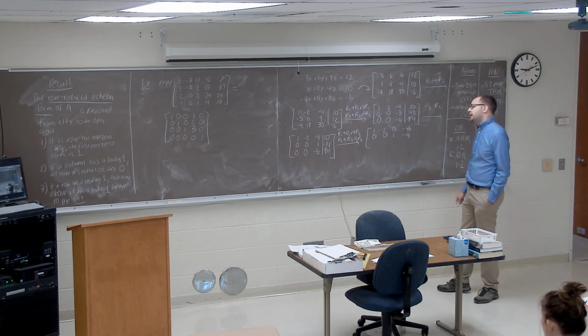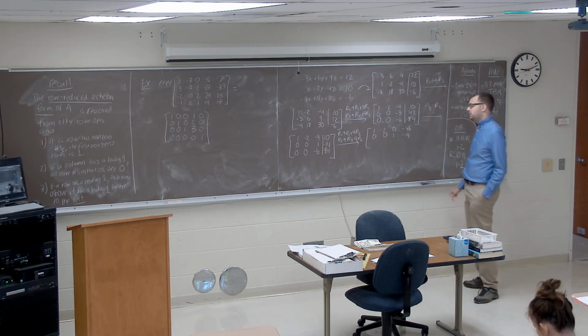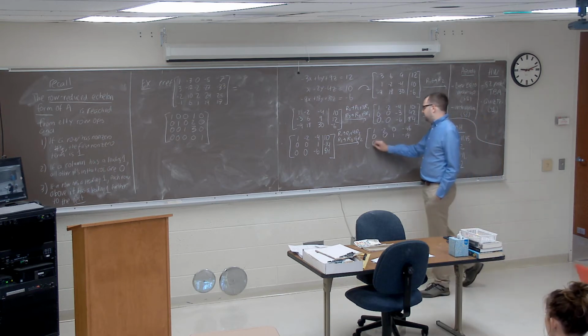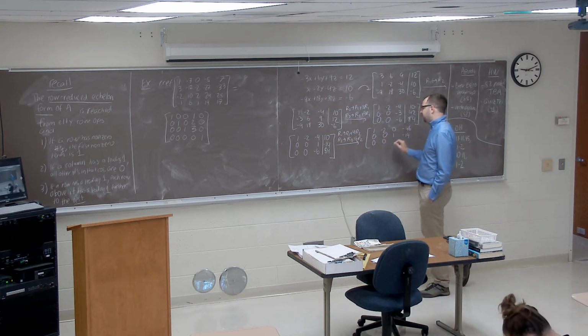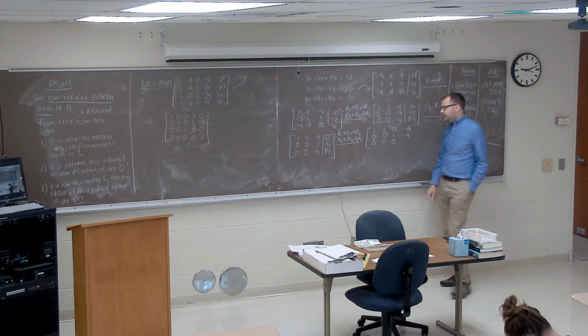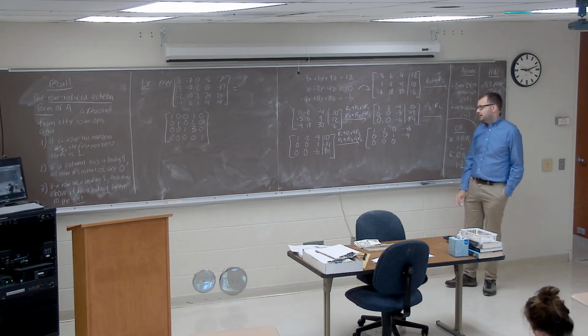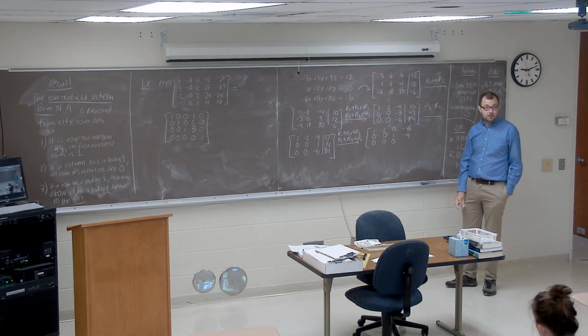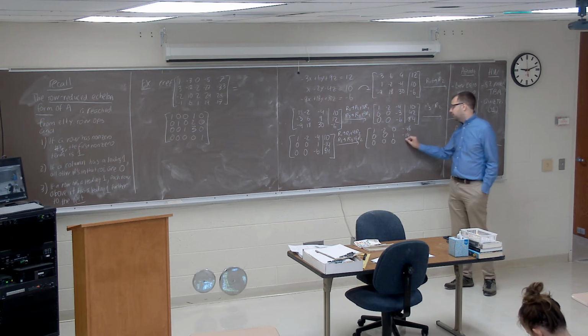Second row stays the same. And then the bottom row will add 6 row 2 to row 3. 0, 0, negative 6 plus 6 is 0. 84 minus 14 times 6. Let's see. 14 times 3 is 42. Times 2 is 84. 84 minus 84. Oh, hey.